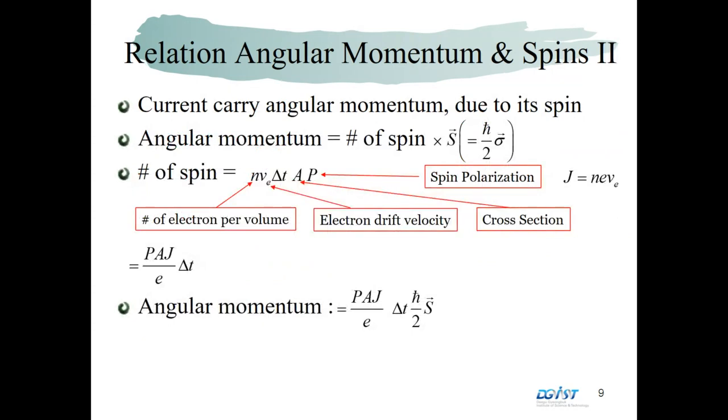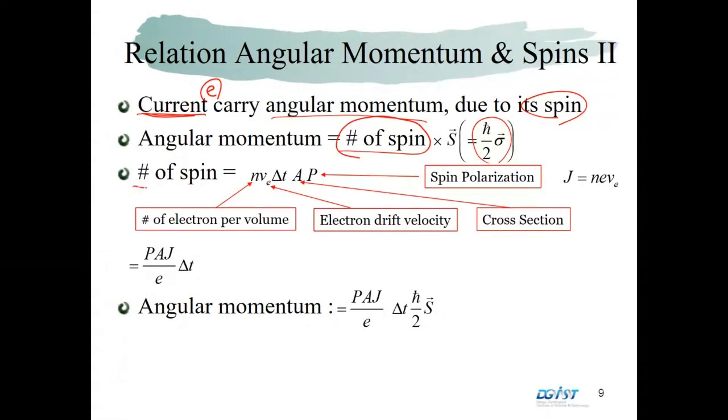Okay. So conduction current, that means we talk about the electrons, then they carry the angular momentum due to their spin. And let's think about the total angular momentum when we have several spins: the number of spins multiplied by h bar over 2 times sigma.